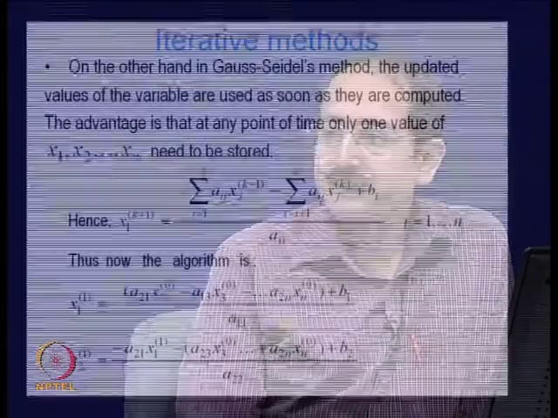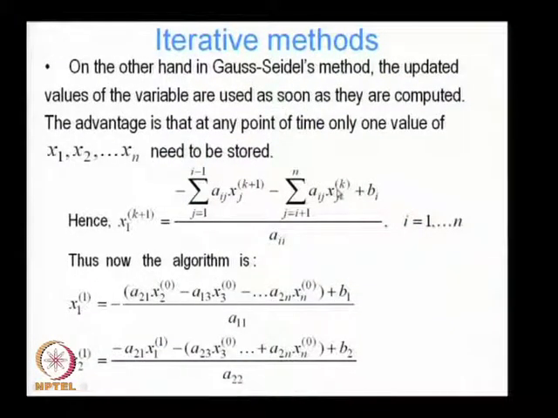So, for up to x4^(k+1), I can use the updated value, the k plus 1 value, but for x6 and so forth, I have to use the old value, the k value.